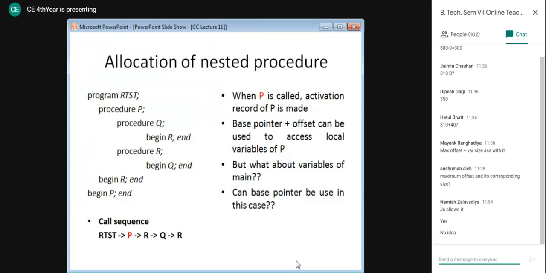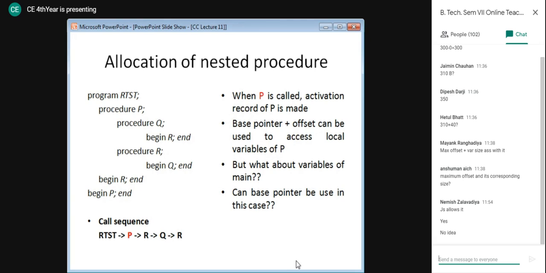The same base pointer cannot be used, because it is a different activation record altogether that we are talking about. So base address plus offset will give us variables which are local to that procedure.